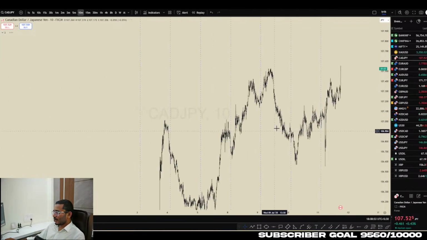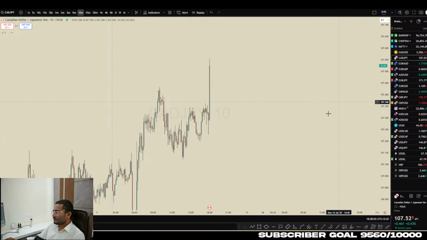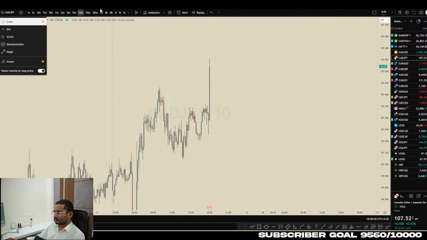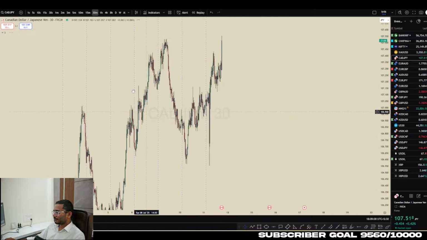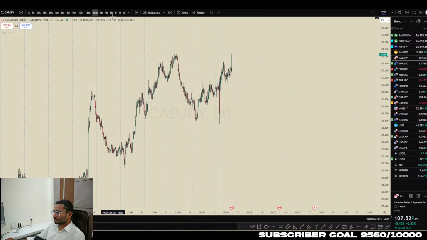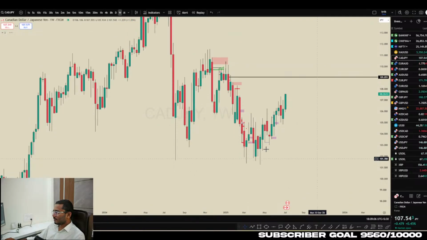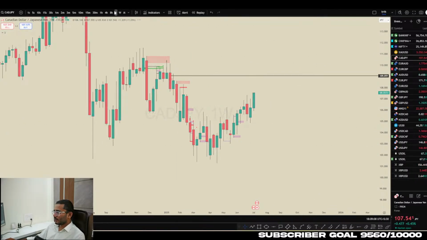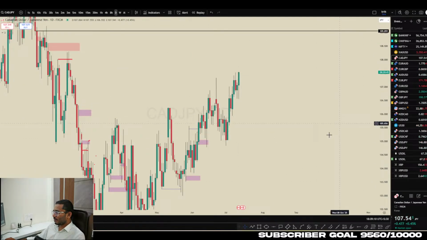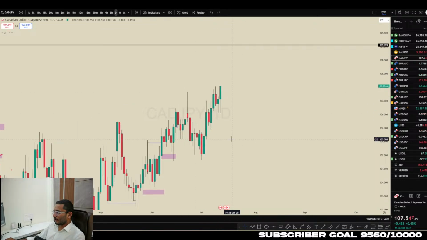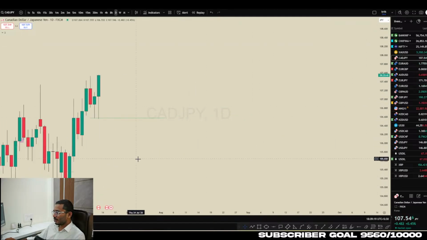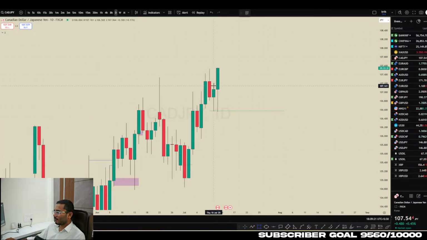Similarly on CAD JPY, because of news. Now we can see on CAD JPY the overall trend is now going to the upside. On weekly, price has already tapped this area, and on daily, price swept this previous low and broke the structure to the upside, creating a long imbalance over here.